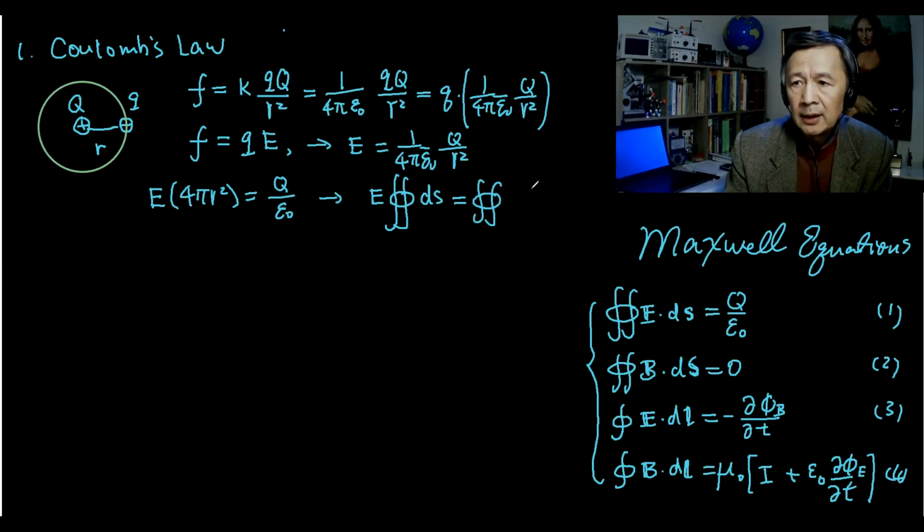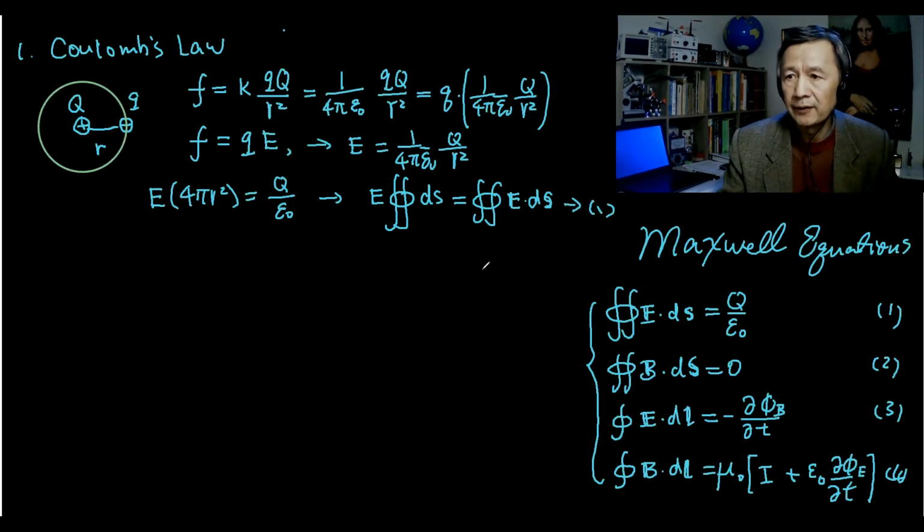So the left-hand side is equal to the integral of E dot dS. That is how we obtain equation 1, the first of Maxwell's four equations.